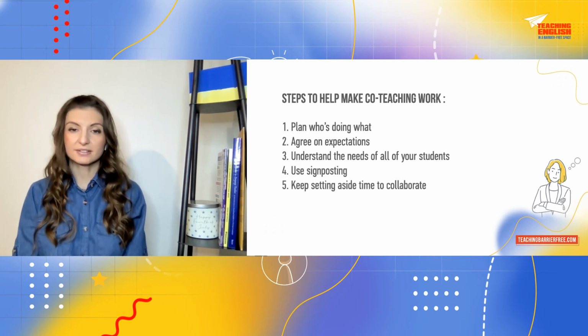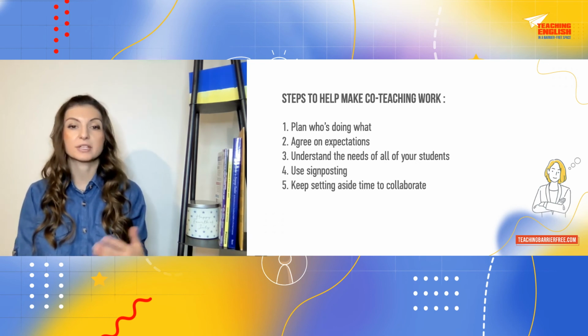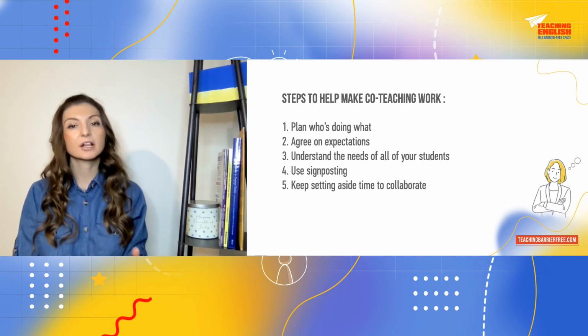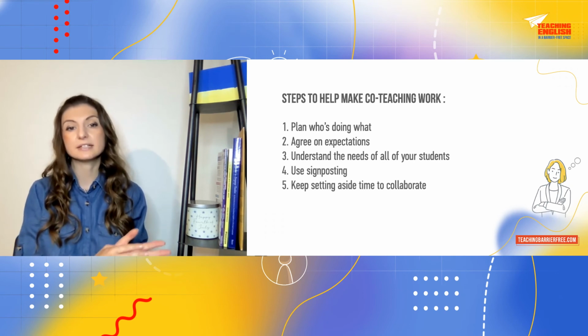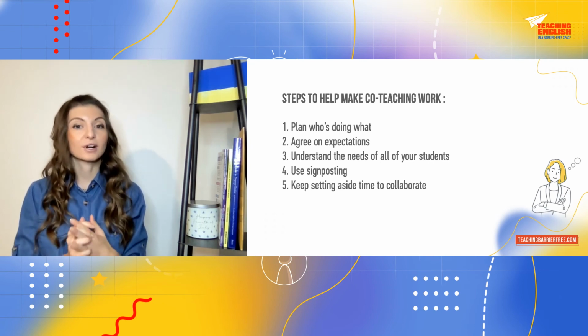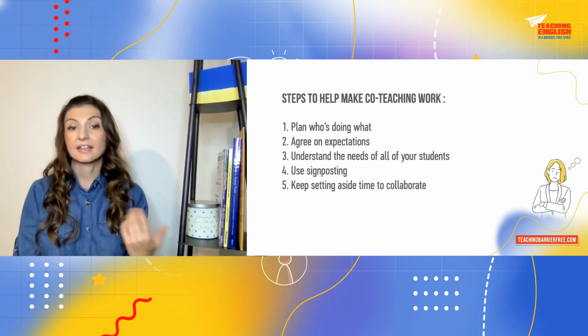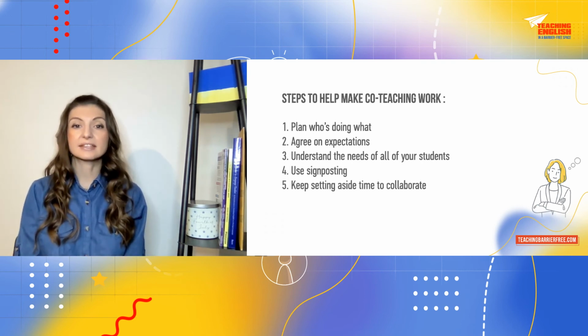Agree on expectations. Having a conversation before the year begins about your expectations for students, behavior, homework can help you work out any differences you may have and come to a consensus for how your shared class will run. The next idea is understand the needs of all of your students.